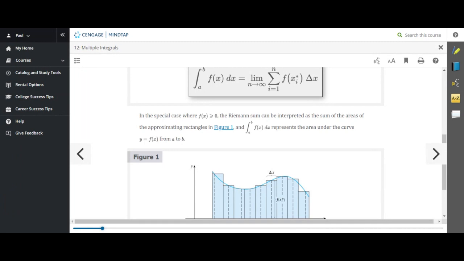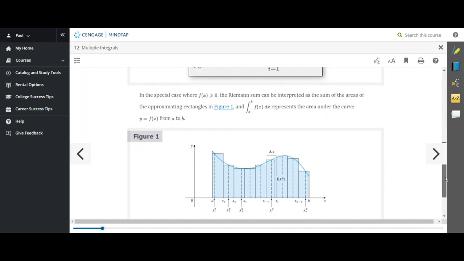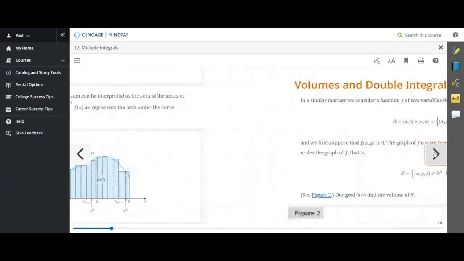Well, just like we can talk about a single integral to find the area underneath a function of one variable, if we have a function of two variables, we recognize that as a surface. And we would not talk about finding the area underneath a surface.